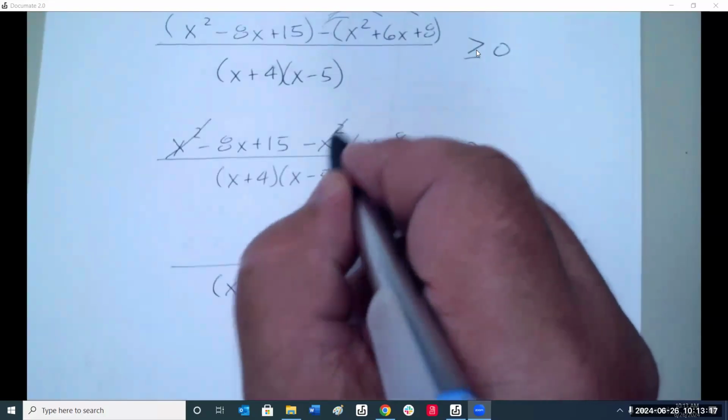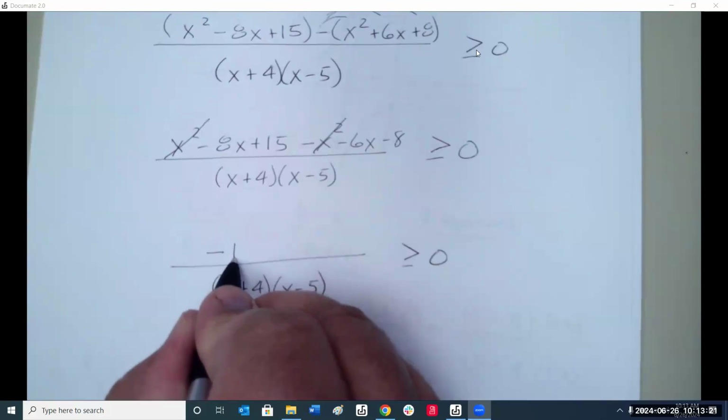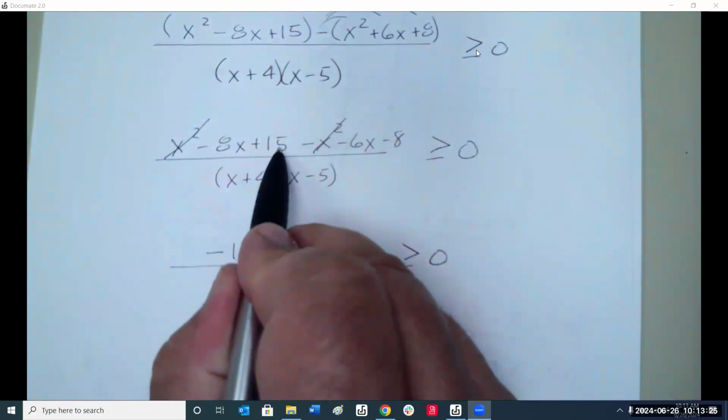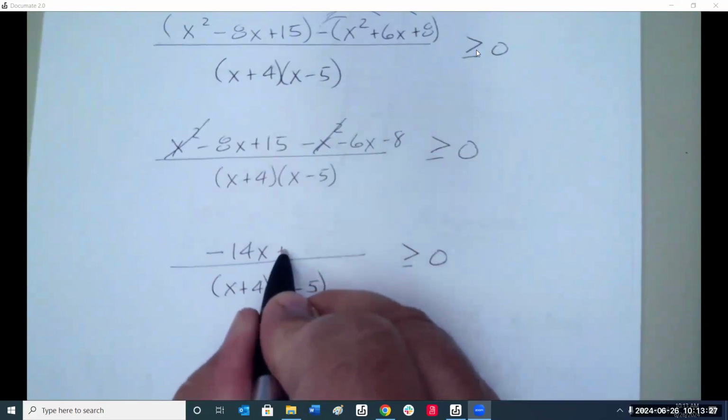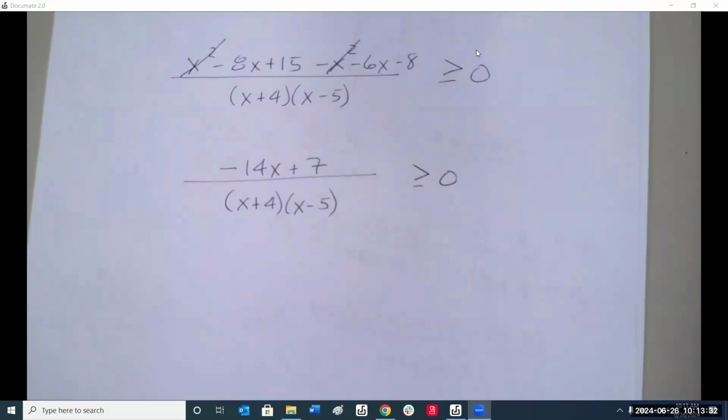The x squares cancel. Negative 8x minus 6x is negative 14x. Positive 15 minus 8 is positive 7. That's as far as we can go.